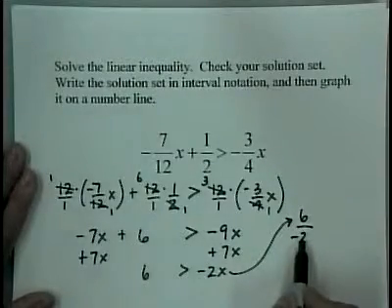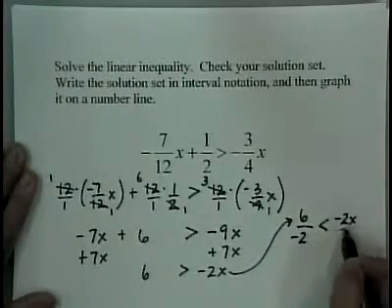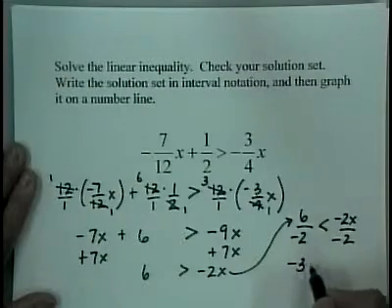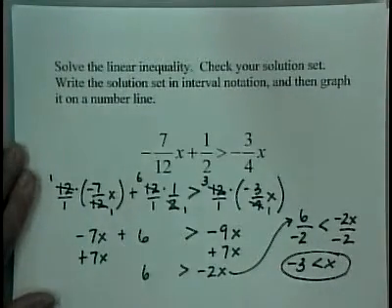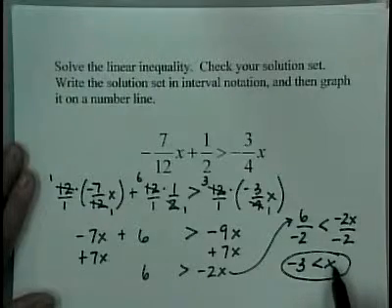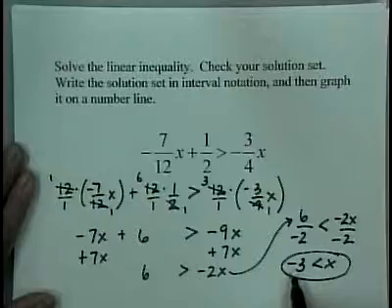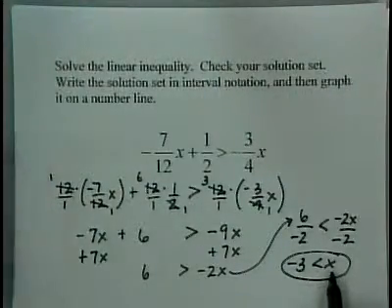But at the instant when I divide by negative 2, I'm going to change the direction of my inequality. 6 divided by negative 2 is negative 3, and so my solution set is, reading from the right-hand side, x is bigger than -3, or I could read from the left, -3 is less than x.